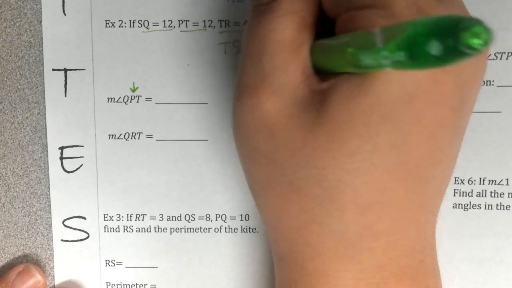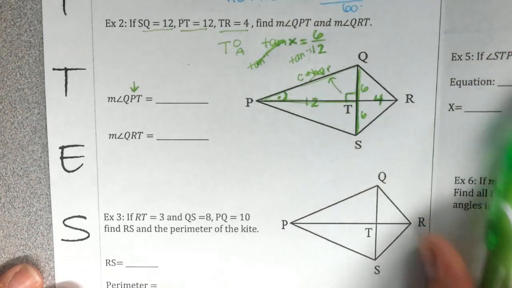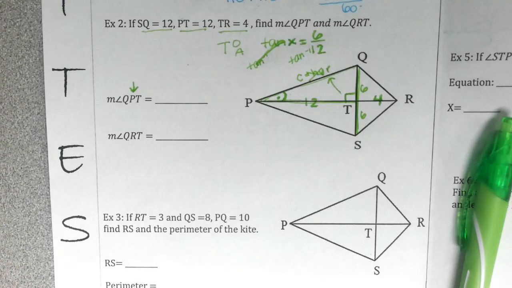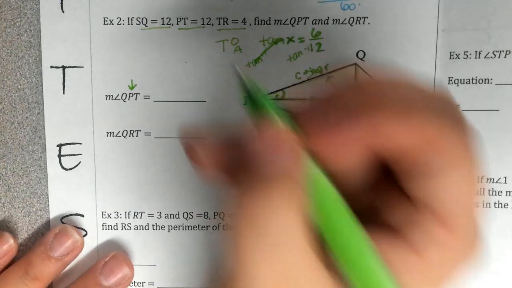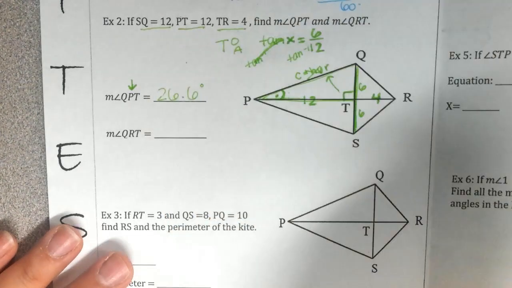Inverse. I'm going to inverse. I know it's been a minute. We've got to remind ourselves. So in the calculator, I am going to do the tan inverse of 6 over 12, and I get 26.6 degrees.